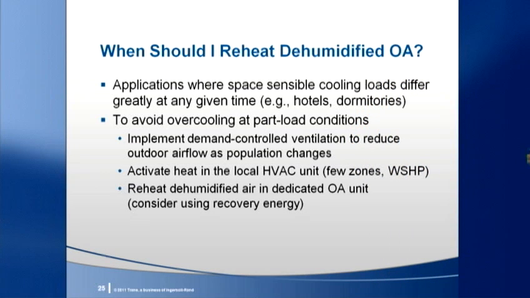At some load condition, however, it might be more economical to reheat the dehumidified outdoor air centrally using recovered energy. In this case, design the system to deliver the air cold and only reheat when needed to avoid overcooling the space.